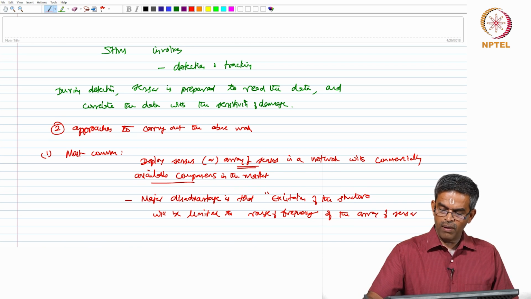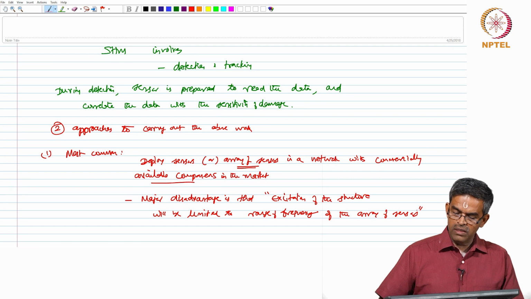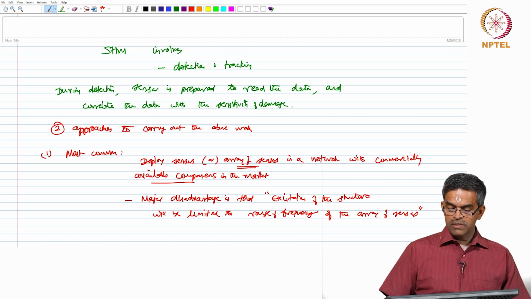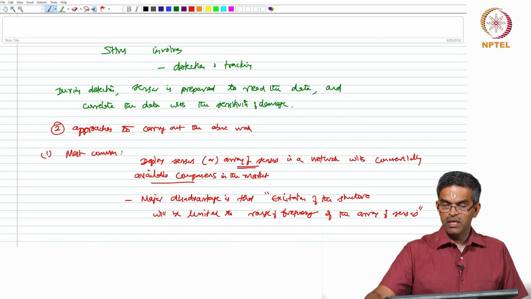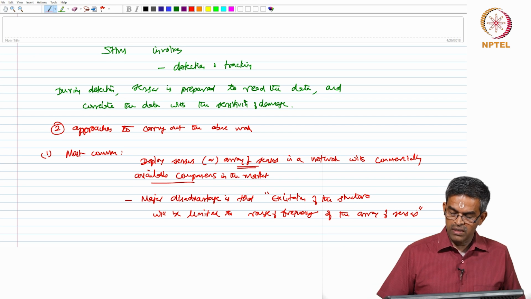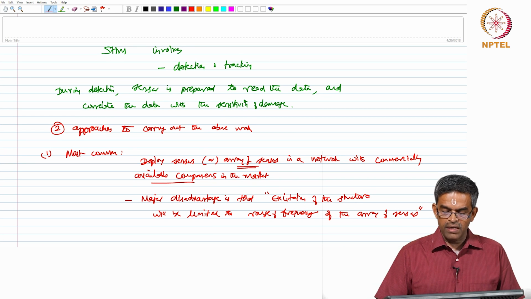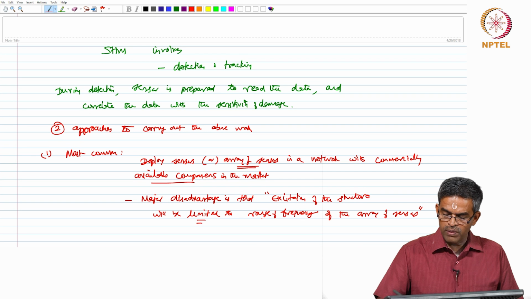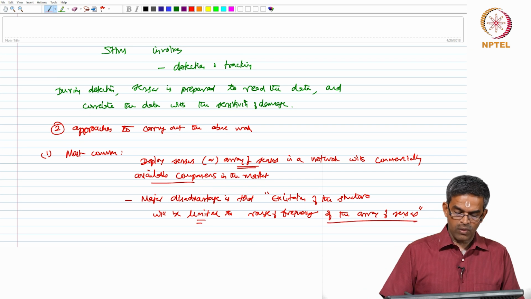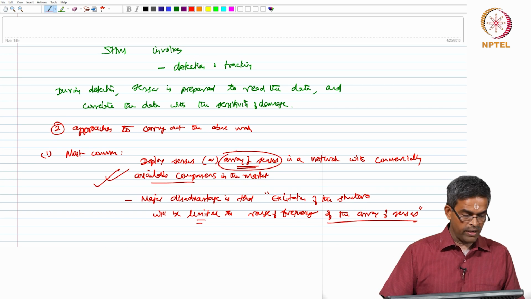It is a very interesting problem, you see. I want to study the structure, but instead of bothering about the limitations imposed by the structure, I am constraining my study to the limitations imposed by the sensor. Okay. That is the first way, which is very commonly practiced in structural health monitoring, where people pick the existing sensors and make an array or network of them and start doing health monitoring.